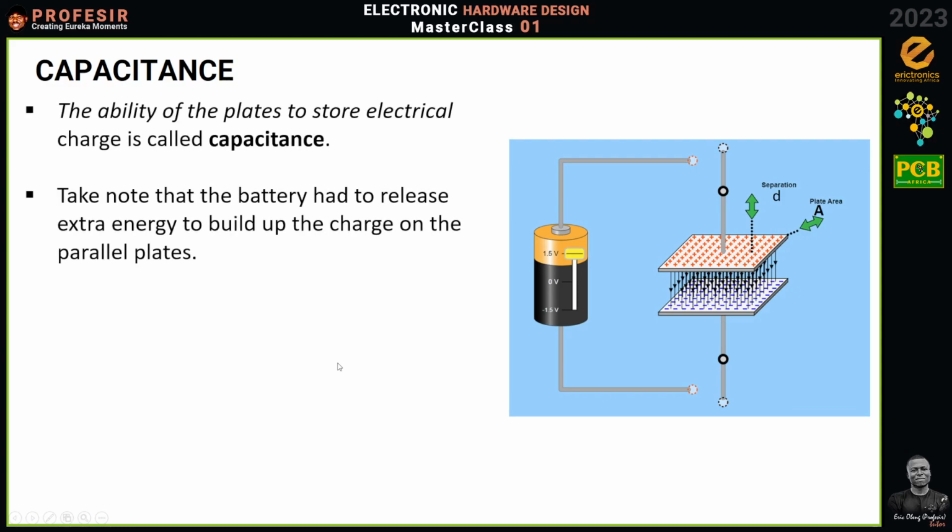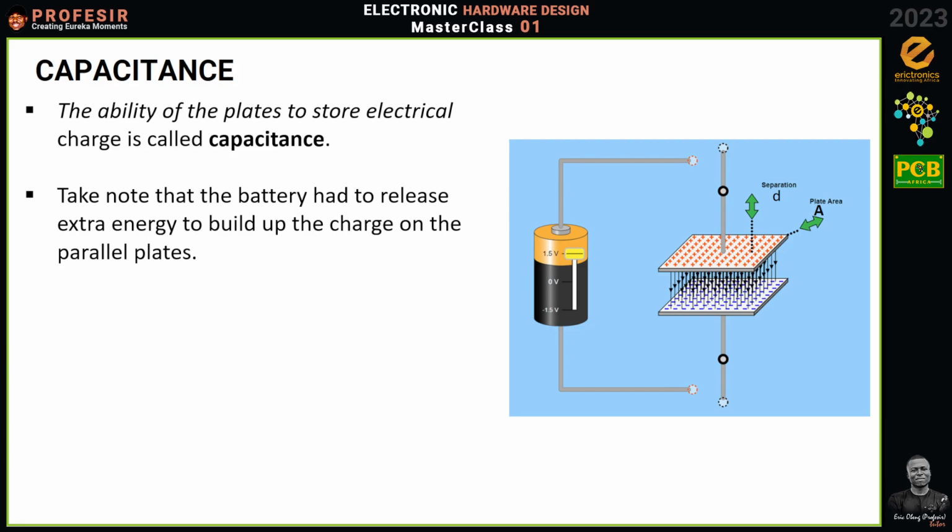So in electronics or in physics, the ability of these plates to store electrical charge or energy is the property that we call capacitance. And I know by saying capacitance, something else has come to your mind right now.